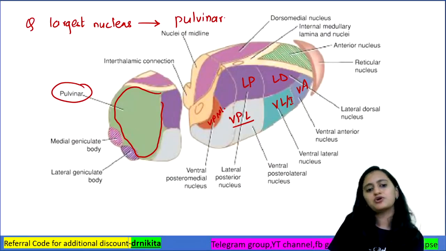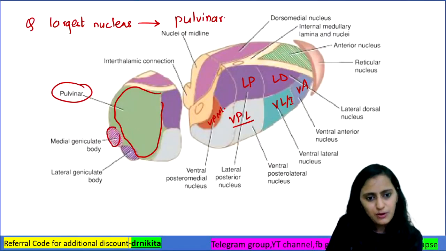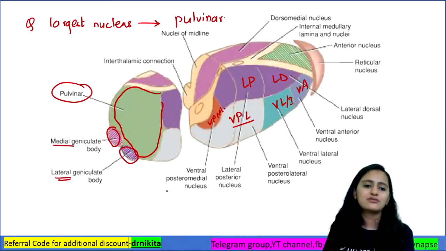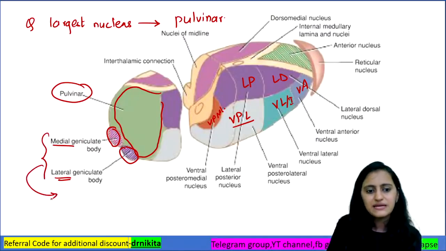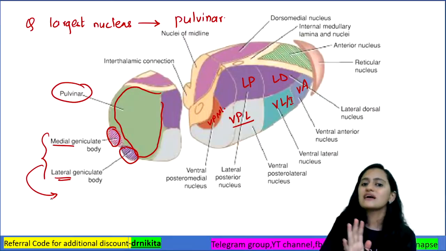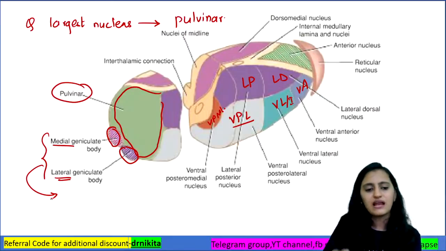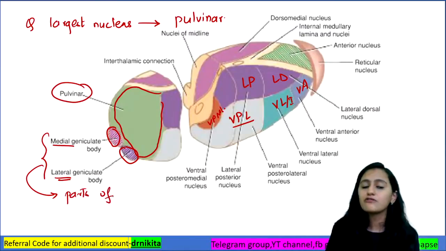Now just below the pulvinar, you can see these two rounded bodies. These are your medial geniculate body and the lateral geniculate body. Some books also mention that the medial and lateral geniculate bodies are not parts of the thalamus proper. These are parts of what thalamus?